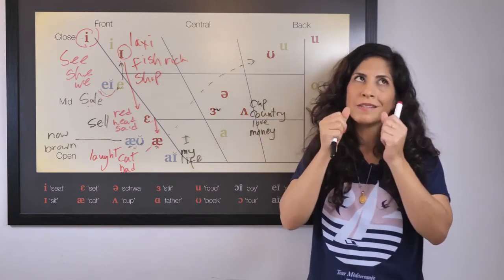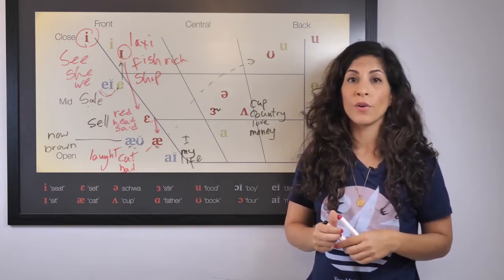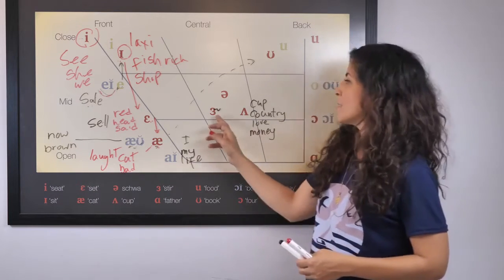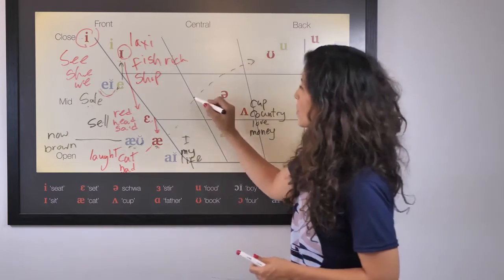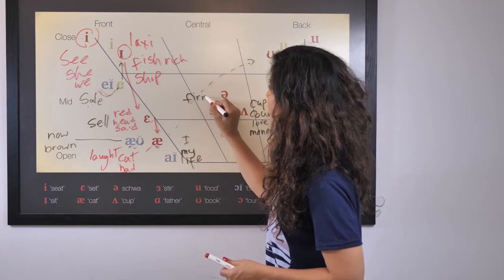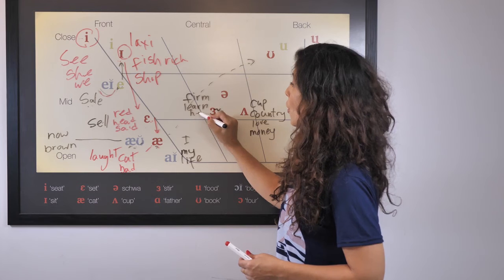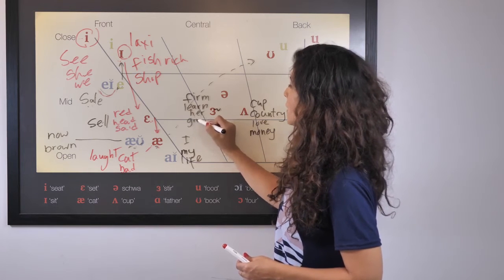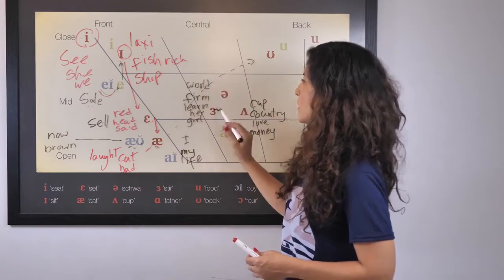To make the R, basically, the sides of the tongue touch the insides of the upper teeth. So this is the most neutral sound combined with the R. And we find it in words like firm and learn, her, and everyone's favorite, girl, and we can also add world here, right?